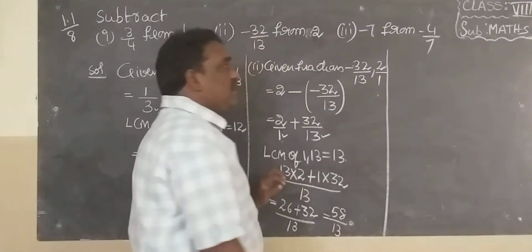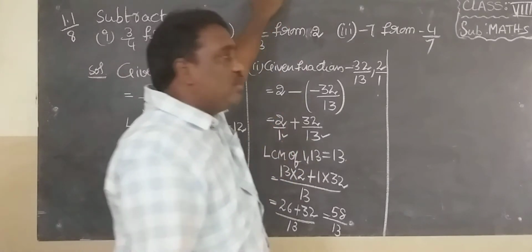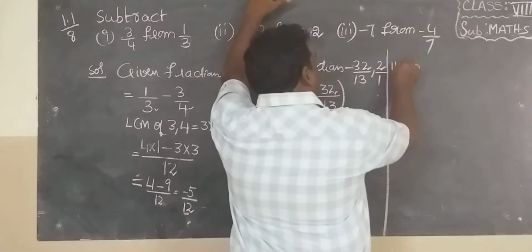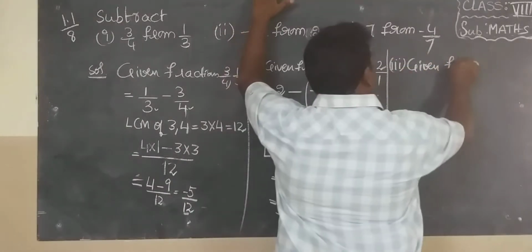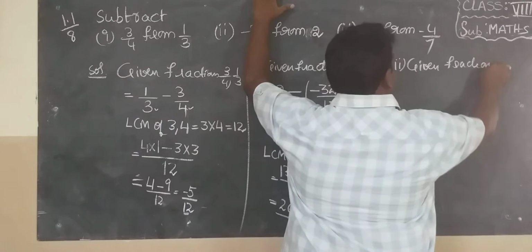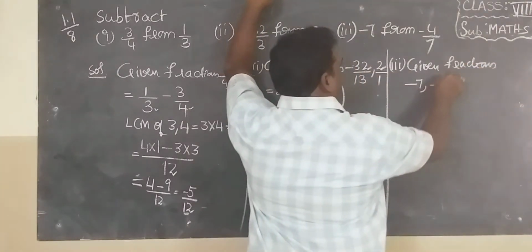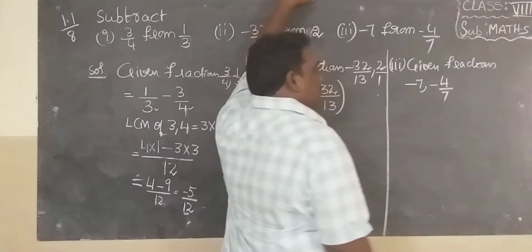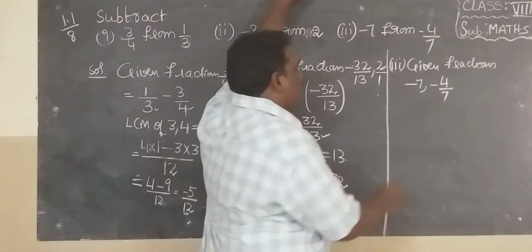Problem number 3, minus 7 from minus 4 by 7. Again, given fractions. What are the given fractions? Minus 7 comma minus 4 by 7. Which one do we have to write first?